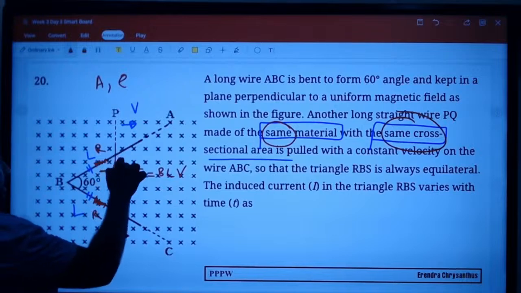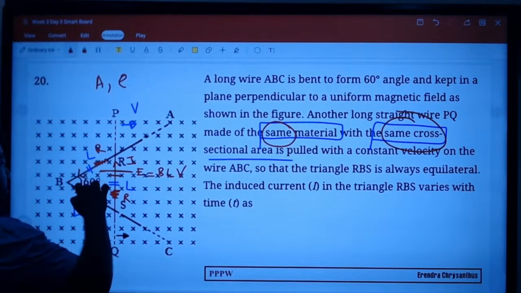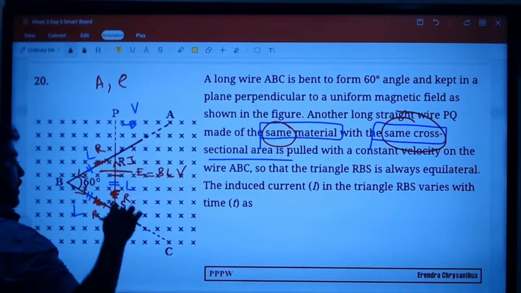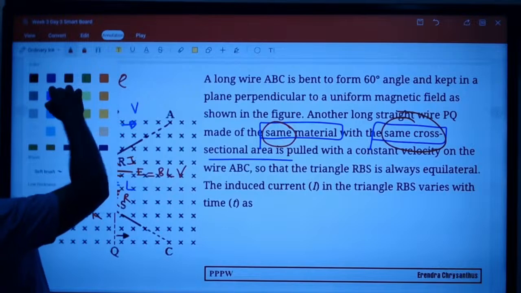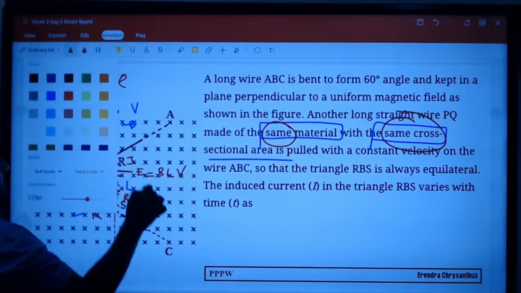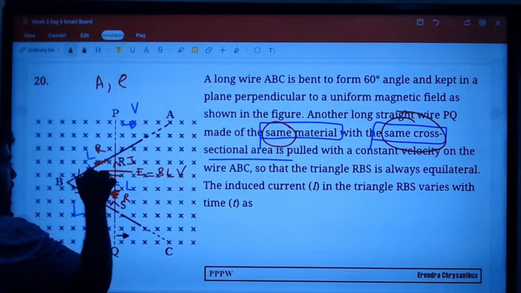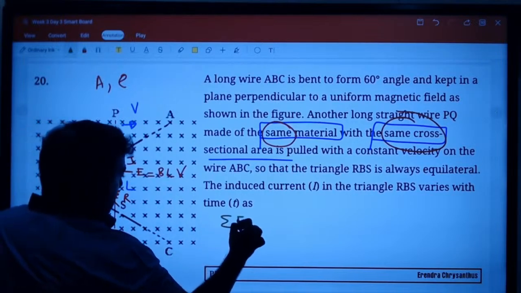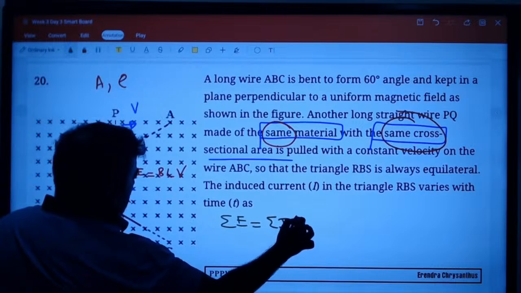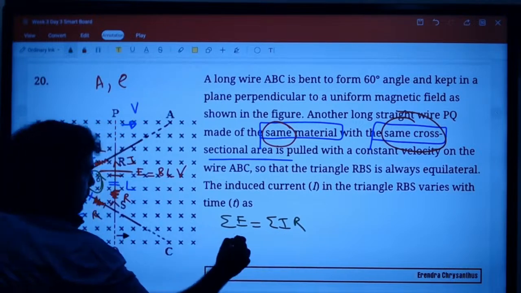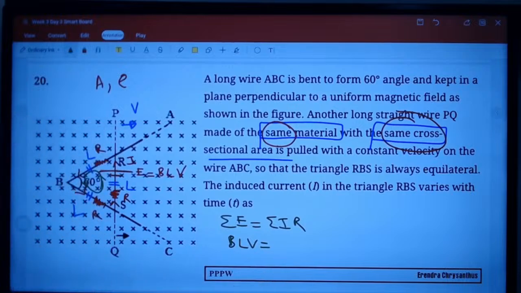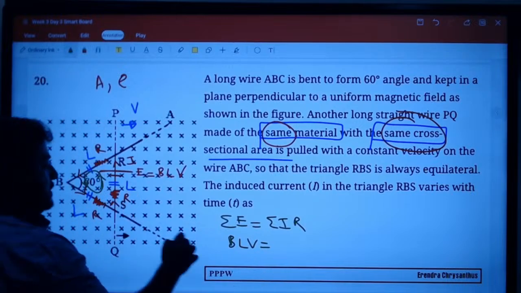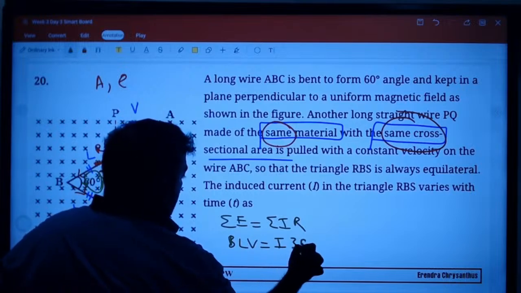Now the current coming out from here will go across this. It can't go here, it is an open terminal, so it will come inside. Apply Kirchhoff's law, minus to plus: sum of EMF equals sum of potential differences. Minus to plus, BLV equals current times how many resistors? 3 resistors, so I times 3R, or I in series.